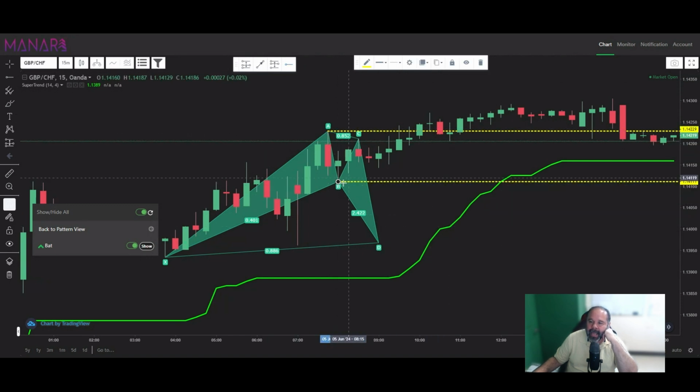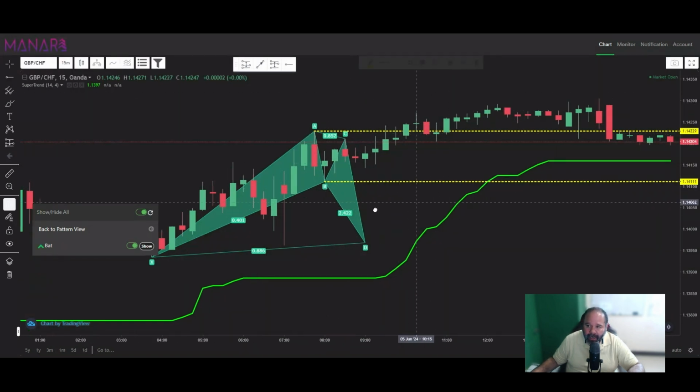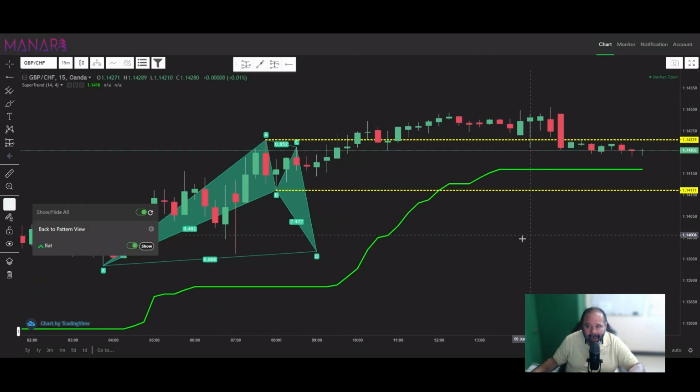With this strategy, what we want is point A and point B both on the same side of the super trend. As you can see, the super trend right here is green. That means that the market price prefers to go up. So we want point A and B to be above the super trend. It's very simple. This tells me that I'm going to buy.